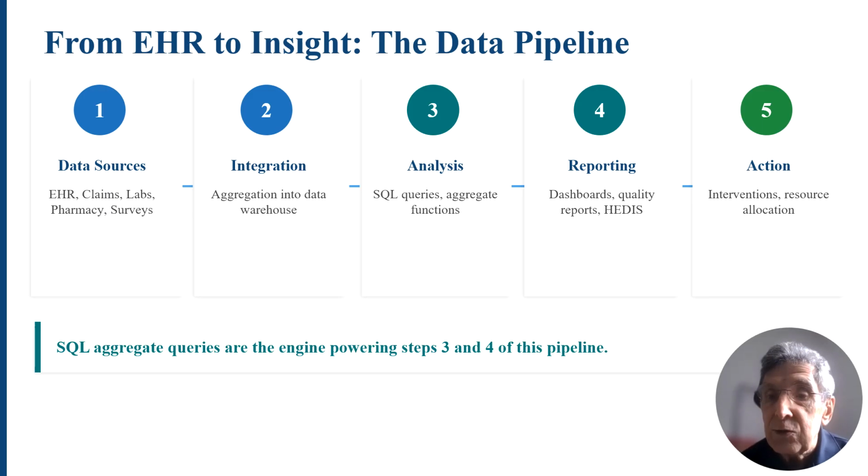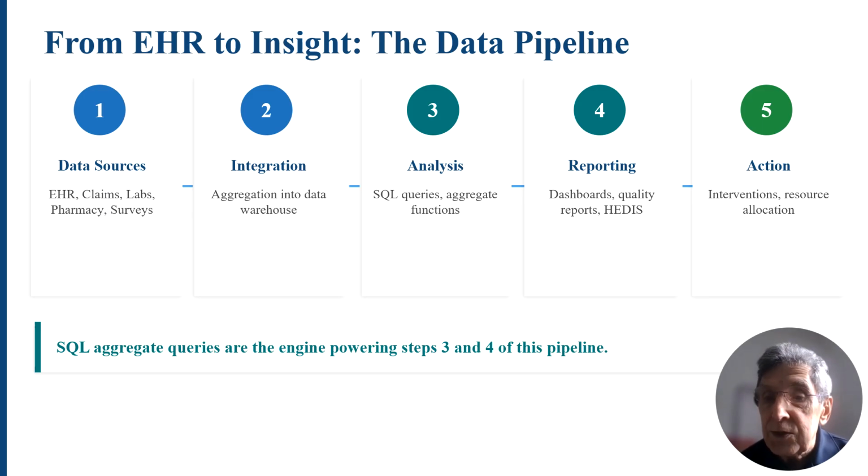Aggregate functions like group by, case, subqueries, and everything else that we've covered this week are the tools used to transform raw data into meaningful metrics. Step 4 is reporting. The results of those SQL queries feed into dashboards or quality reports and HEDIS submissions. This is what leadership, quality teams, and regulators actually see.